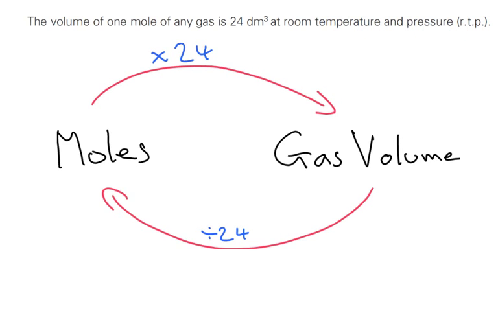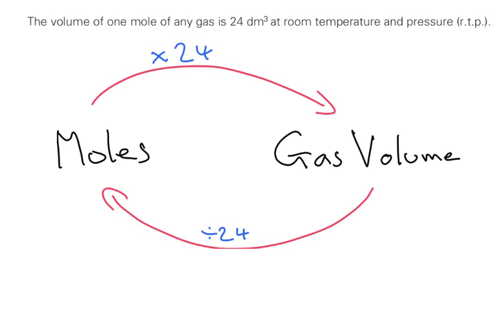Now Cambridge will only ever use this, that 1 mole is 24 decimeters cubed at room temperature and pressure. They won't change that. It's so important, it's just there as a statement by itself right underneath the periodic table.